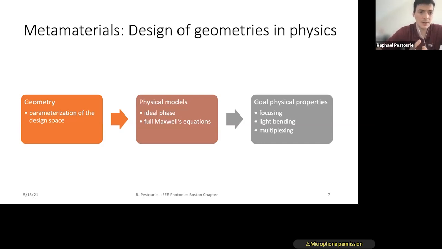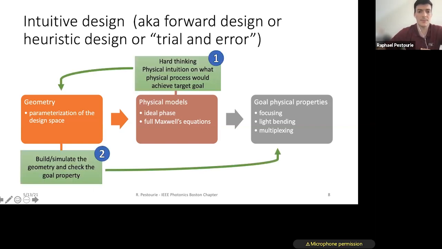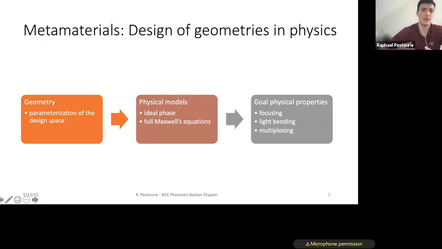You can decide to have a parameterization with as many parameters as you like, but usually there are many parameters. It's a large-scale optimization problem, and you need to decide how to parameterize your device. Then once you have your geometry, you need some physics. You need to be able to say something about the physical response of your geometry.